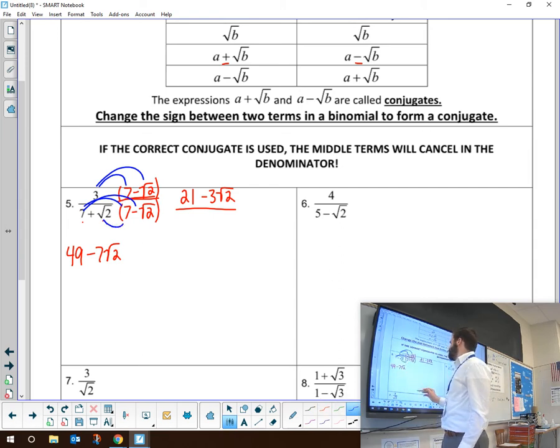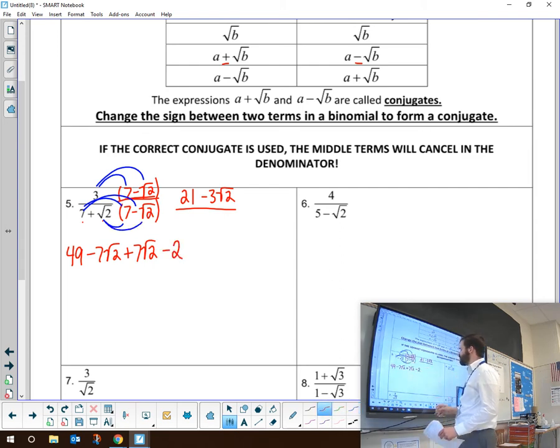Square root of 2 times 7 is positive 7 square root of 2. And then square root of 2 times negative square root of 2 is going to be negative 2.